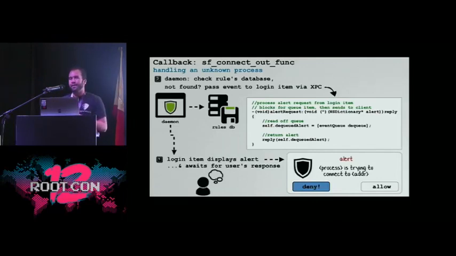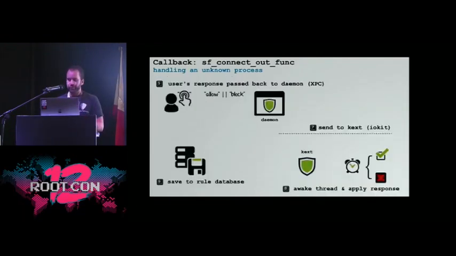However, if it's a path of an application that the daemon has never seen before, it's going to have to ask the user. So it sends an XPC message to an instance of the firewall that's running in the user's UI session, which will then display an alert to the user, asking what they would like to do. The user's response, which will be allow or block, is then passed back to the daemon.